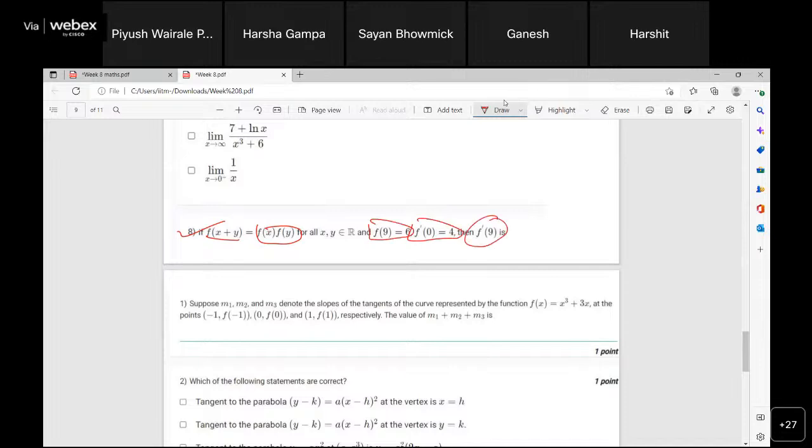Find the value of f dash of 9. How to approach this question?